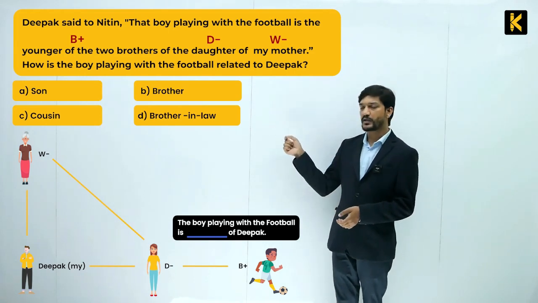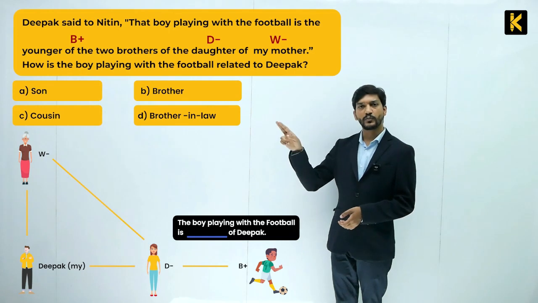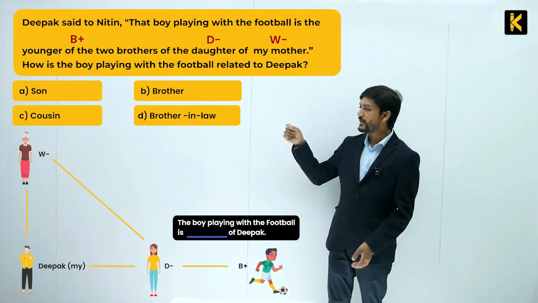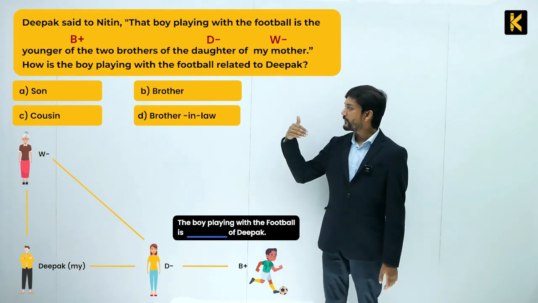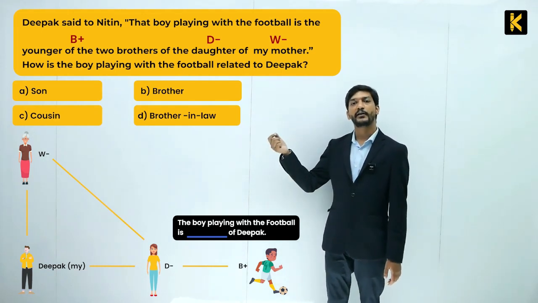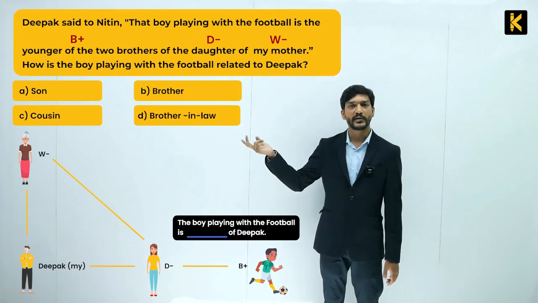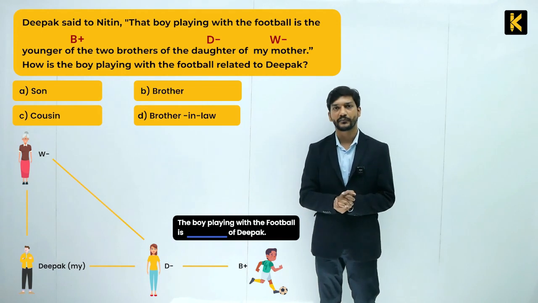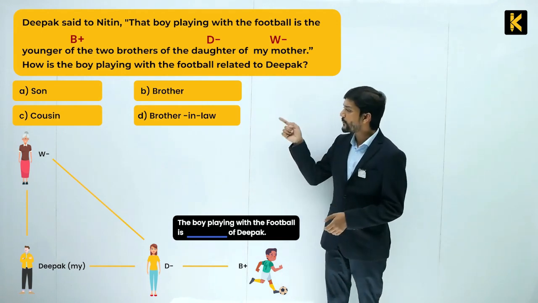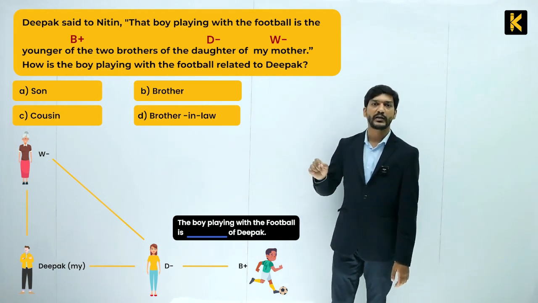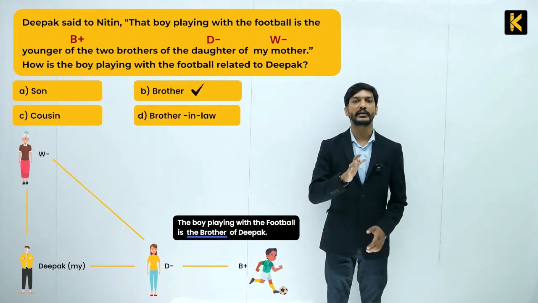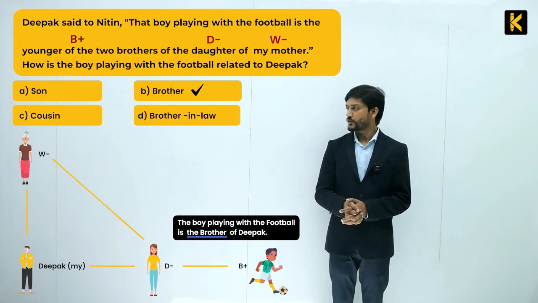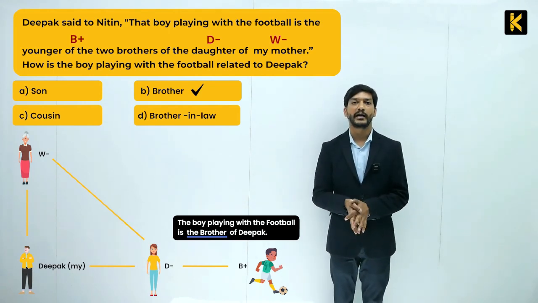If Deepak is the brother of D and B plus is the brother of D, that means Deepak and B plus also are brothers, right? So the boy playing with the football is actually the brother of Deepak. So brother is the right answer. This was a very interesting question. I hope this is clear.